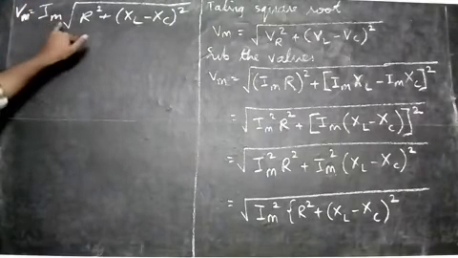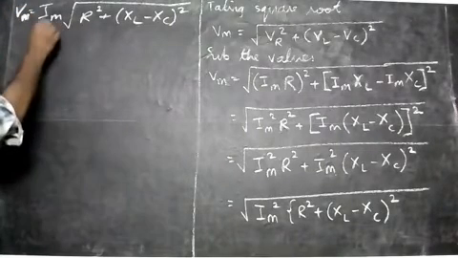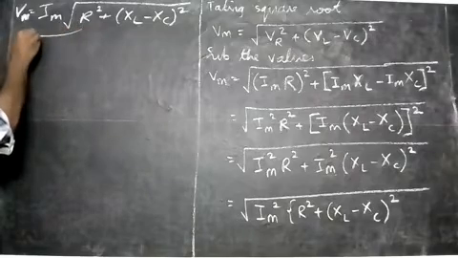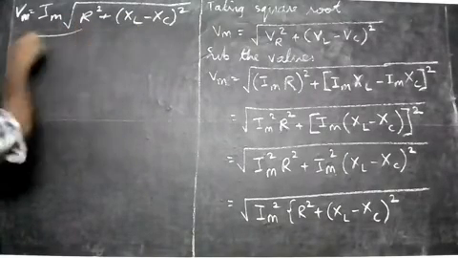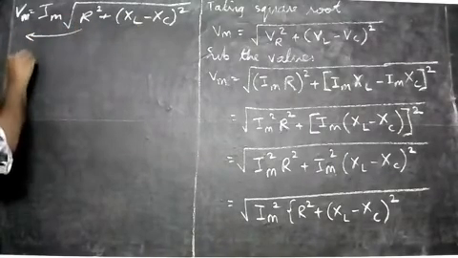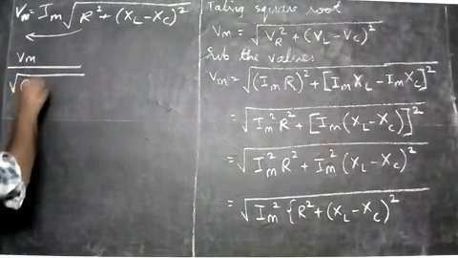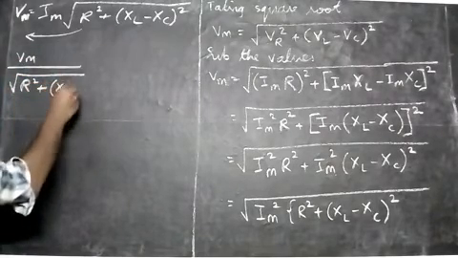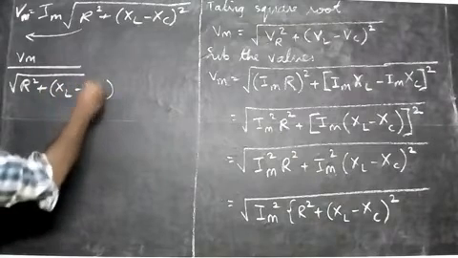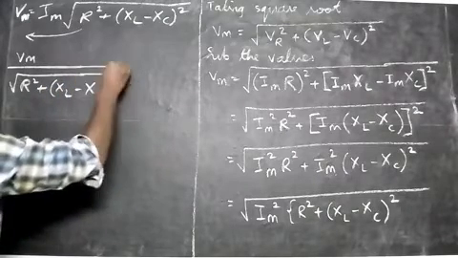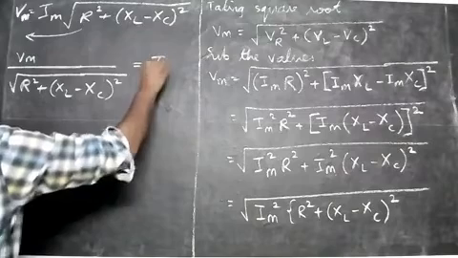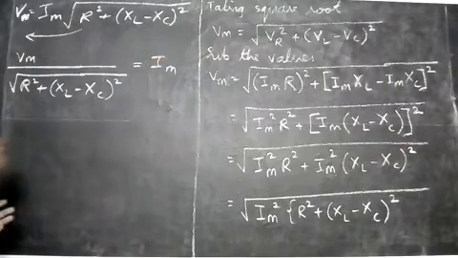Now we'll see what's the value of Im here. To find Im, you bring this root of R square plus this term, this full term, down. So you get Vm by root of R square plus (XL minus XC) the whole square. On the right side you will get Im.